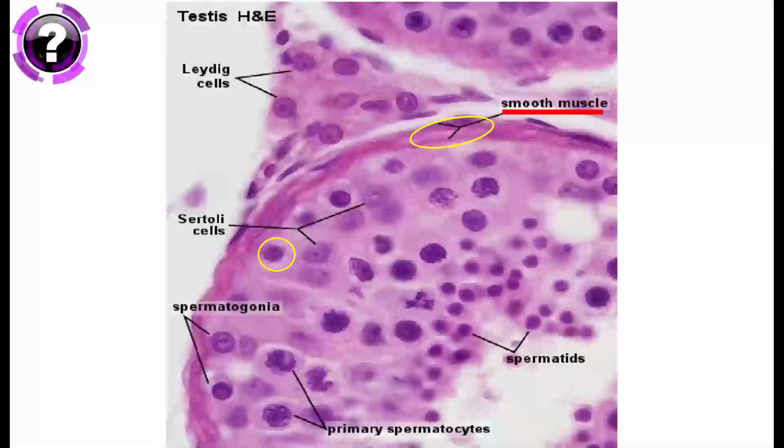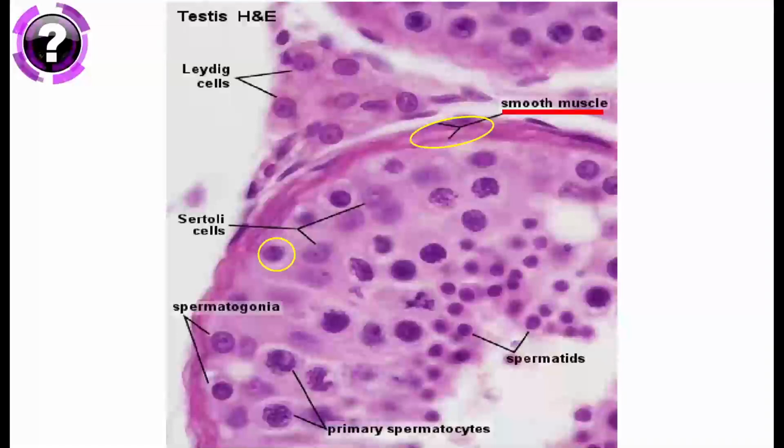Here are the very beginning cells, the spermatogonia, and they are recognized as such because, first of all, they are near the myoid membrane, the outer shell, and they contain a dense nucleus.